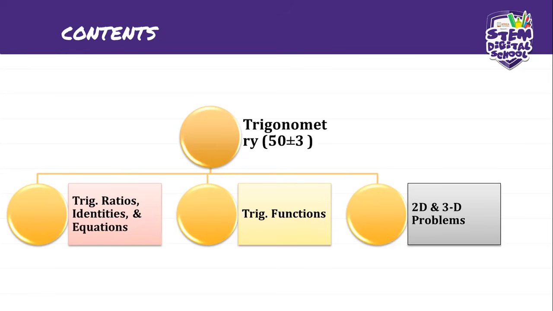But remember, the first one, trig ratios, identities, equations, together with trig functions and 2D, is just revision for us. We have done them in grade 11, if you remember. The only thing which is new to us here in grade 12 is 3D problems, which is 3-dimension problems, right?